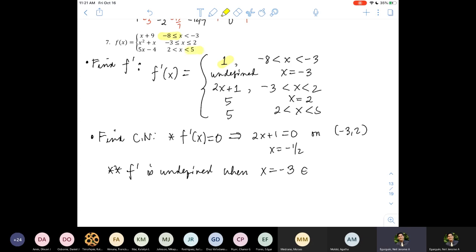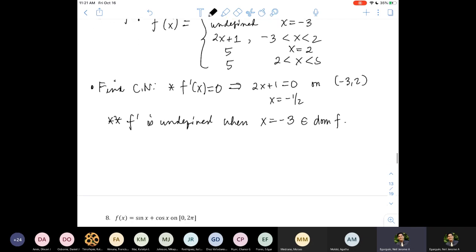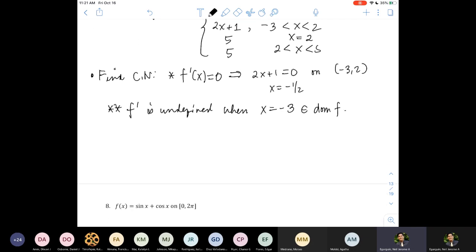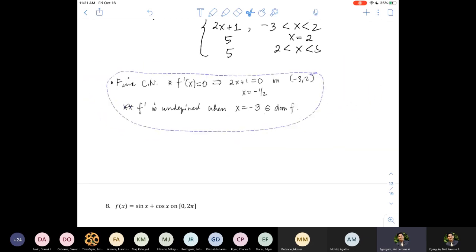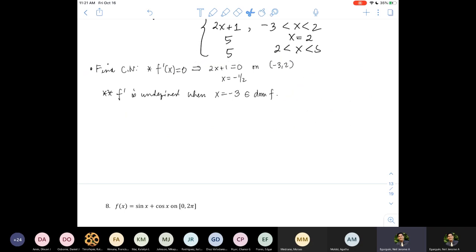Definitely -3 belongs there, so it will qualify as a critical number based on how we defined it in class. I'm running out of space, so let me just resize this a bit. Okay, so the critical numbers are x equals -3 and -1/2.